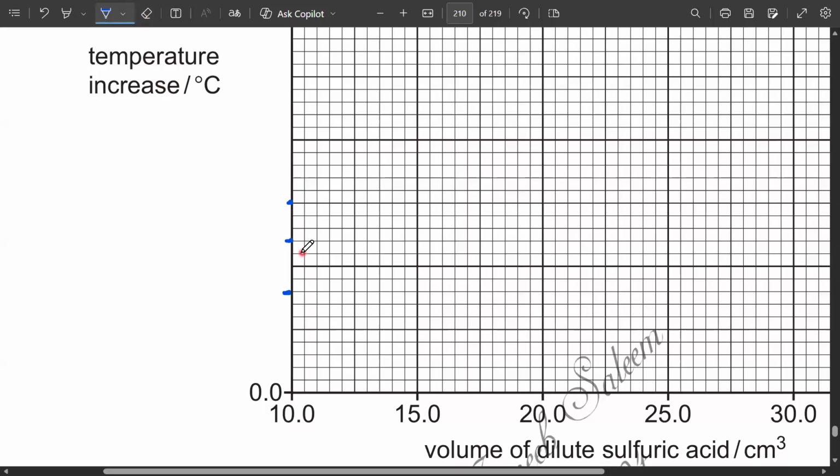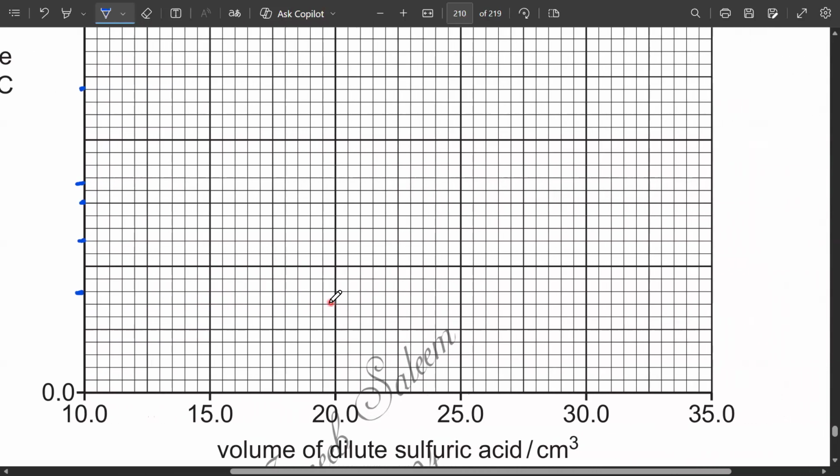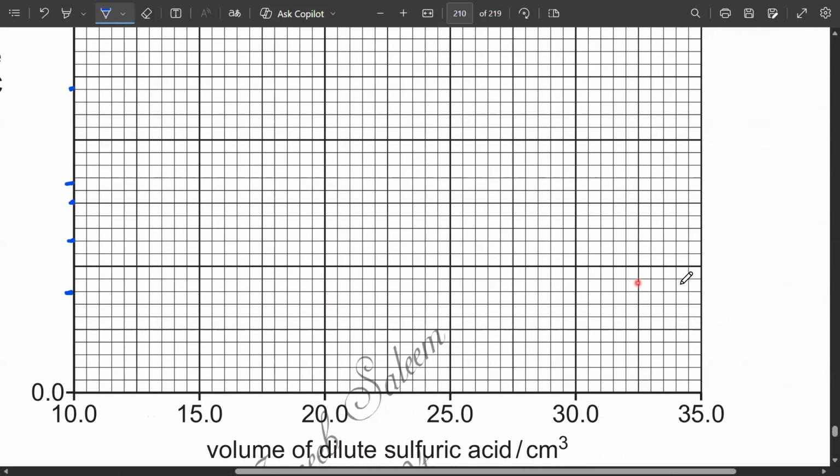Then 16.5, that comes over here, and 24. 24 is, this is 20, this is 24. I need to put them correctly now on the given volumes of the sulfuric acid, starting from the 30 cm cube. We were provided with 30 cm cube in the first case.